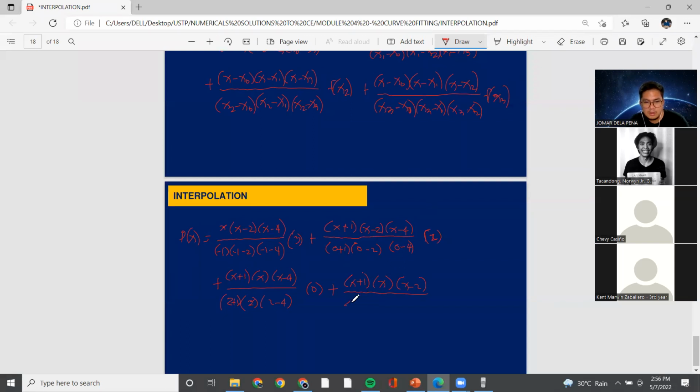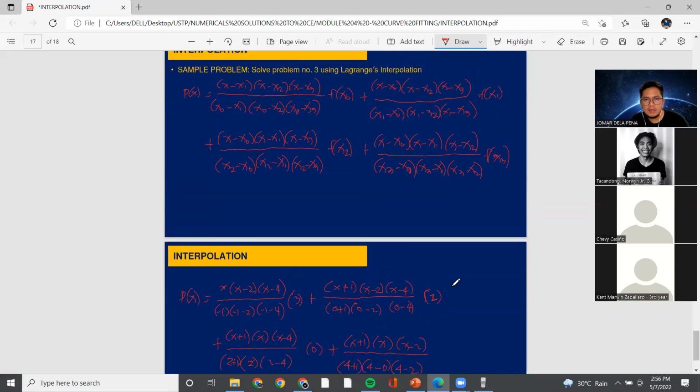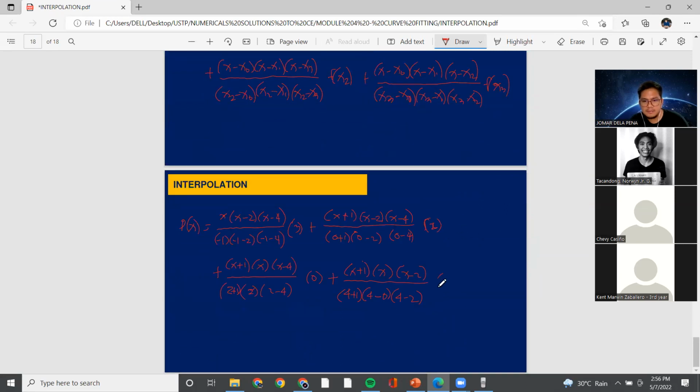So 4 plus 1. Then 4 minus 0, and 4 minus 2 times function of x sub 3 is negative 1. Okay? So kung ato ni simplify, no?